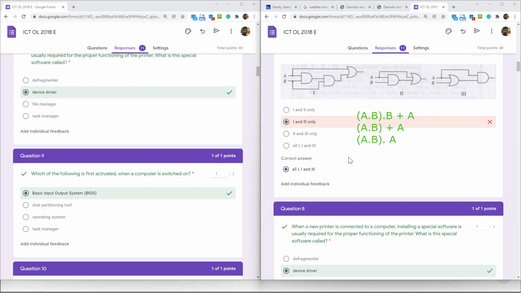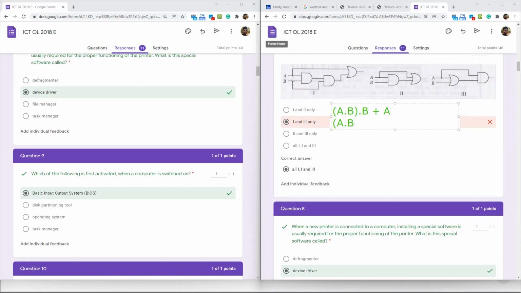So all the three, okay, there was a mistake I made for the last one, isn't it? Nobody told me. There's a mistake I made with the first one. We have A dot B plus A. So this is the first one.